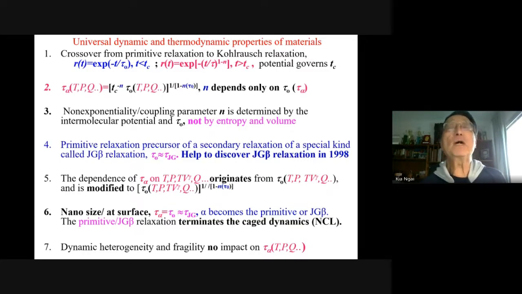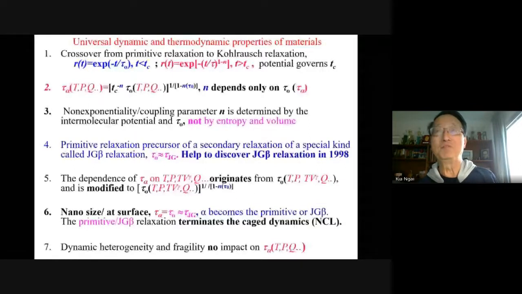And then this equation would stand again, and look at the tiny little superscript, n tau 0. I want to tell you what it means right away. It says that this n depends only on tau 0.